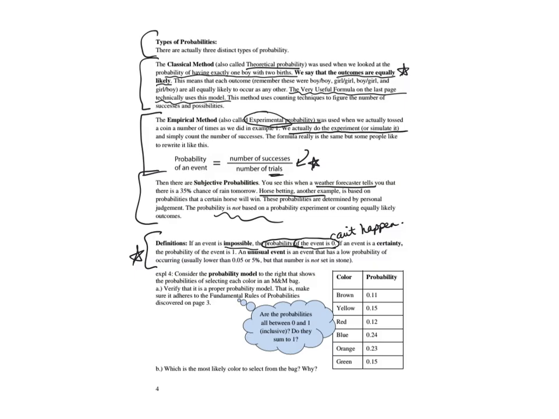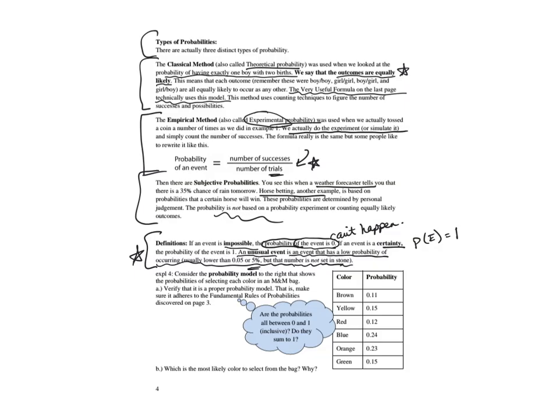If an event is a certainty, well, then it really will always happen, and the probability of that event would be 1. And an unusual event would mean it doesn't happen much. Well, what is much? We're going to define that. An unusual event will be defined as one that has a low probability of occurring, usually lower than 5%, but not set in stone.